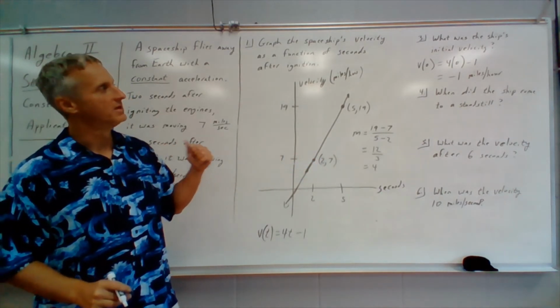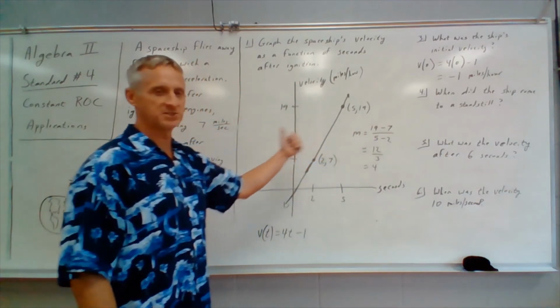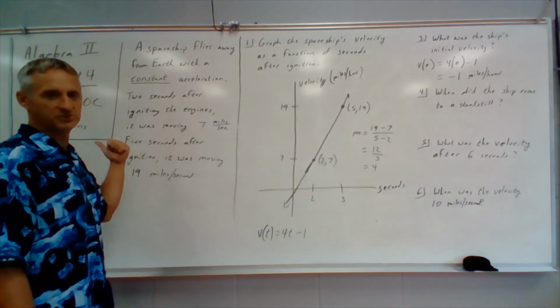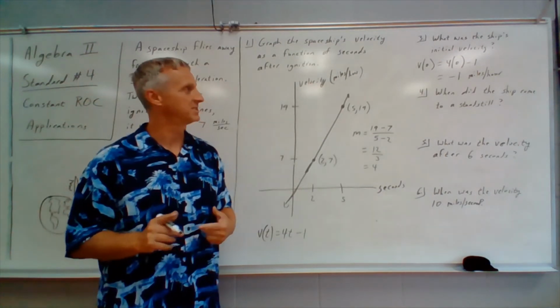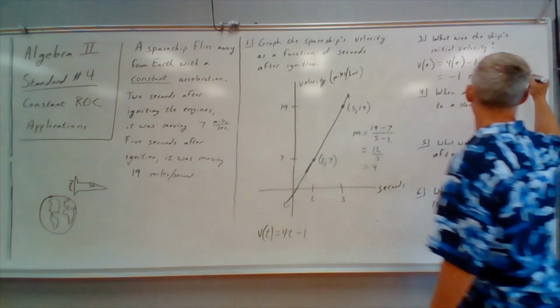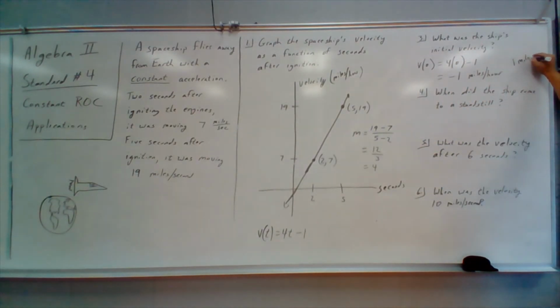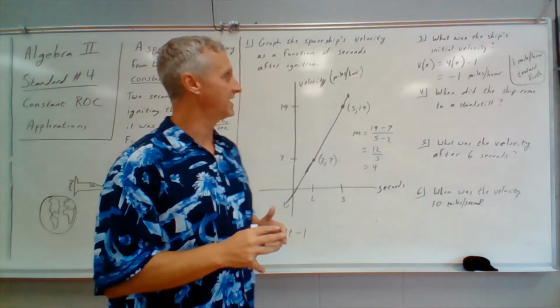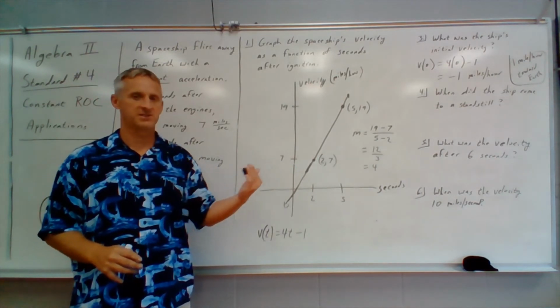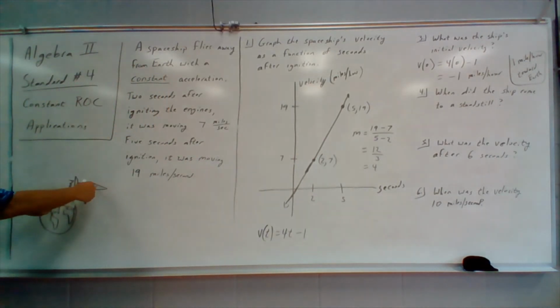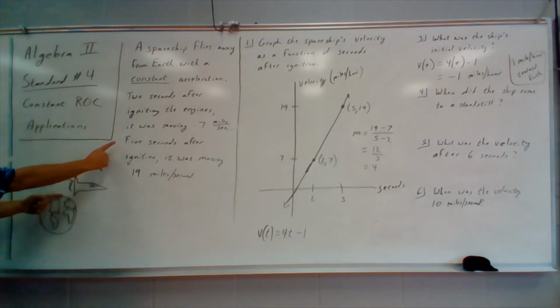So here, -1 just means that the spaceship is moving in the opposite direction, toward Earth: 1 mile per hour toward Earth. In this case, a negative velocity means the spaceship is going toward the Earth, and positive velocities mean it's going away from the Earth.